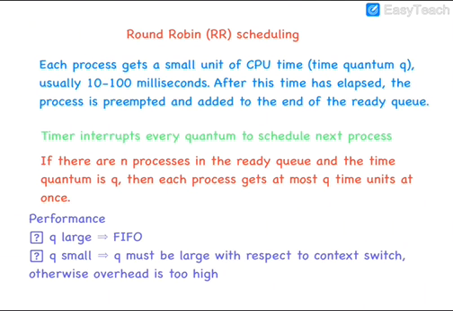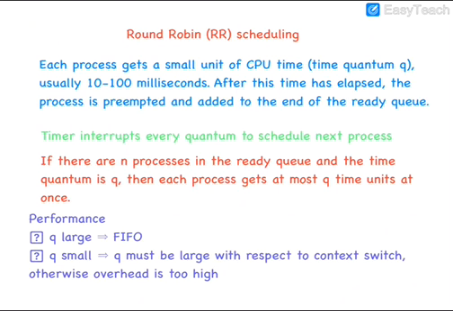But if you take the time quantum small, that is, smaller than the context switch time, then the performance of round robin scheduling is not good, that is, it is not efficient. We have to see that the time quantum is not minimal with respect to the context switch. If it is less than the context switch, then the performance is not good. Why? Because the context switch overhead is too high.